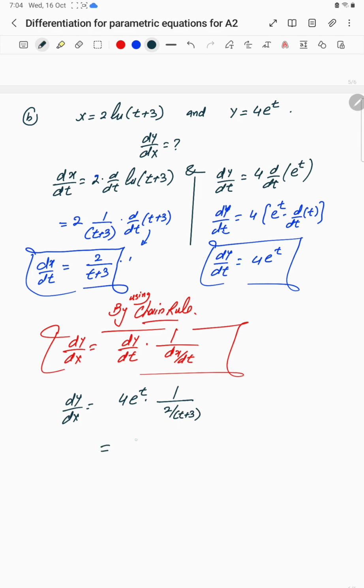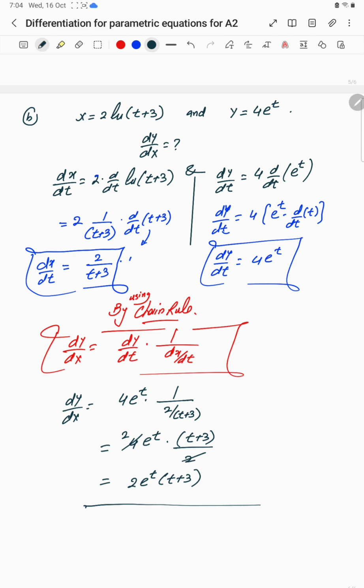So you can write 4e power t times t plus 3 over 2. 2 will be cancelled with 4. We get 2e power t times t plus 3. That is my final answer. I hope it is clear.